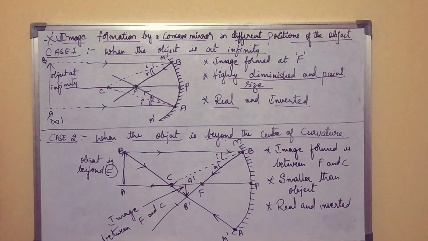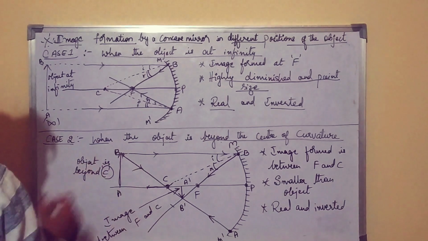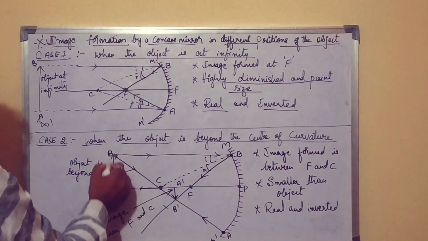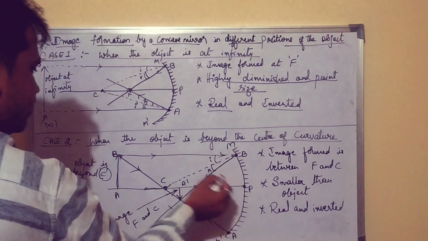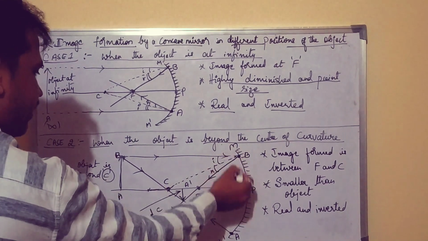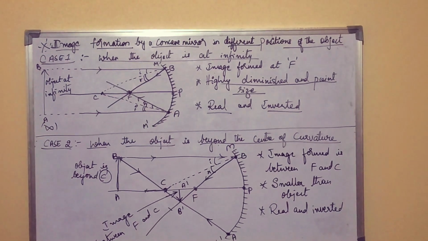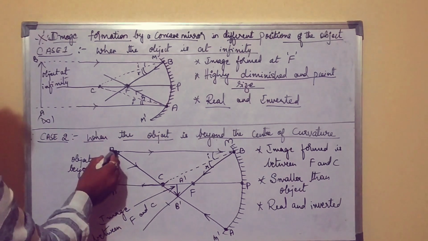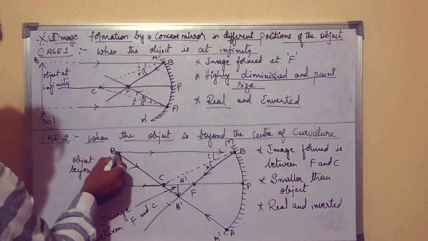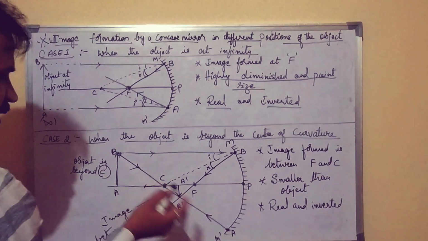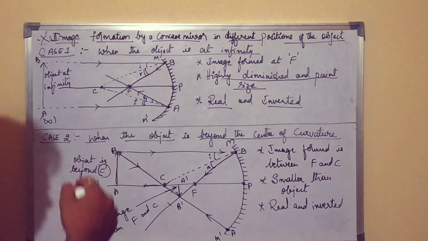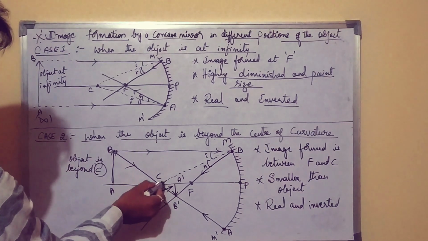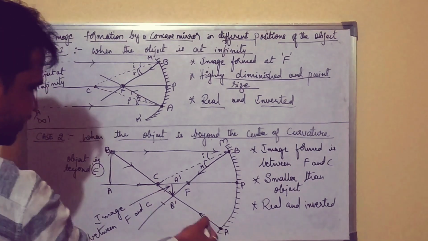What happens now? Again you can see there are two rays going. One ray is going from the position B of the object parallel to the principal axis and meeting at point B of the reflecting surface of the concave mirror. One more ray from the same point B is moving along the center of curvature. Remember the previous concept: whenever a ray of light is incident obliquely and passes through the center of curvature, it retraces the same path.